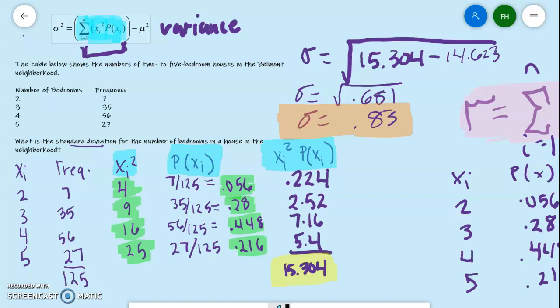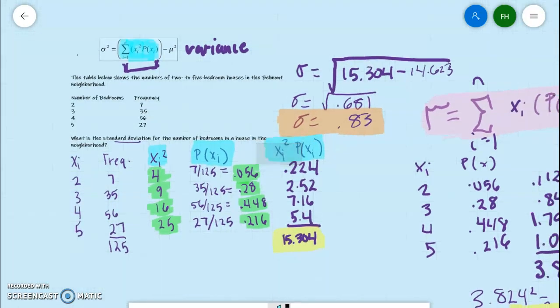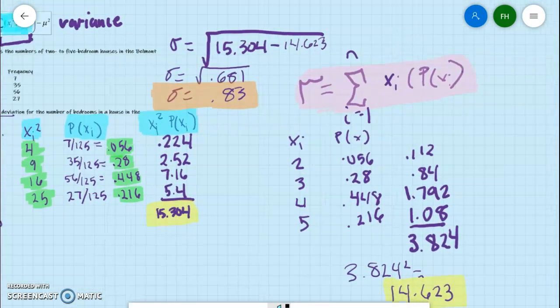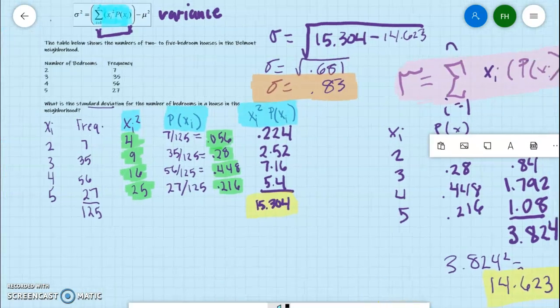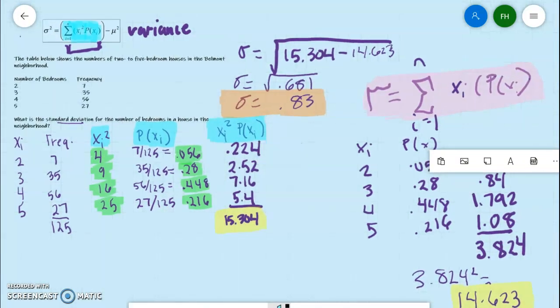So all of that is most of the problem for the variance, for the standard deviation. Now the mean, you actually have to use another formula to get the mean, and it says to multiply your x's times your probability. We had already gotten the probability. So we multiplied x times the probability, and it tells us to square the mean in our formula and subtract it.